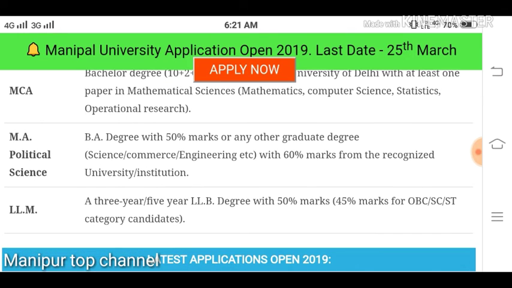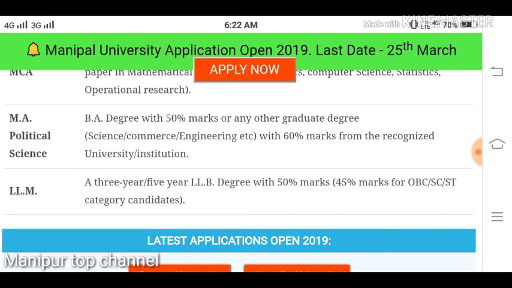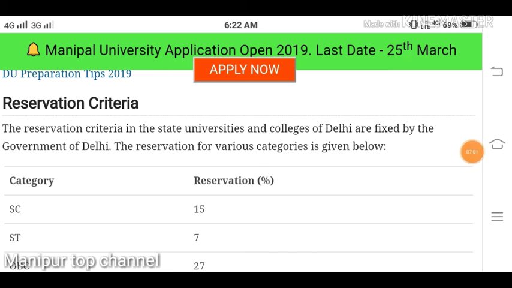And for MA Political Science, you have to pass a BA degree with 50% marks or any other graduate degree, and for Science, Commerce, and Engineering with 60% marks from a recognized university. For the LLM, a 3-year or 5-year LLB degree with 50% marks and 45% marks for the OBC, SC, ST category candidates. And those who want to apply for this course can apply.